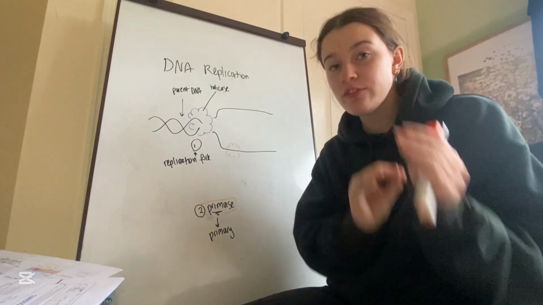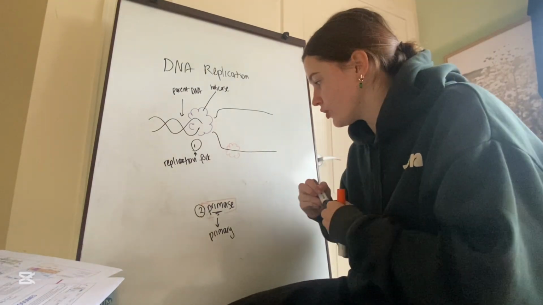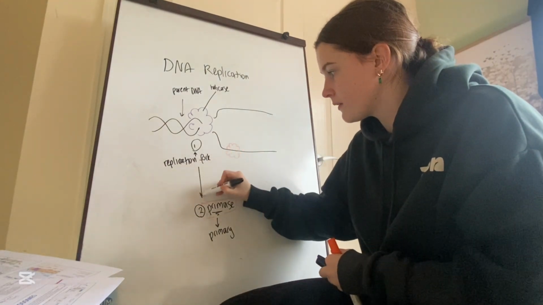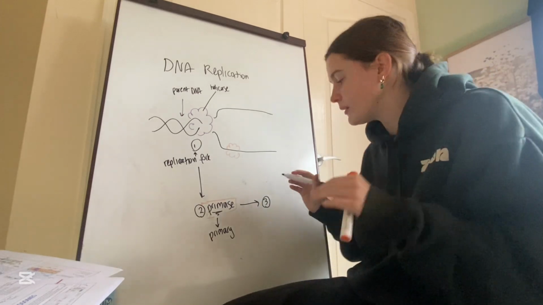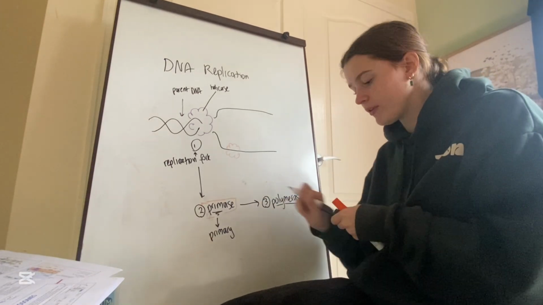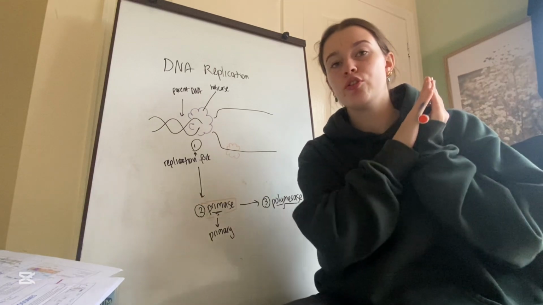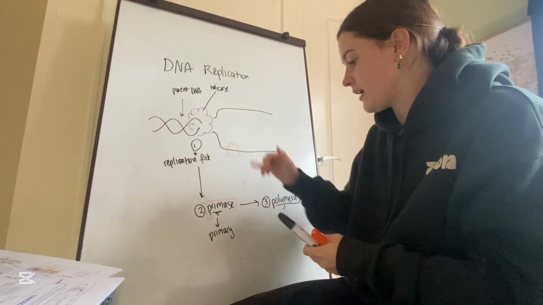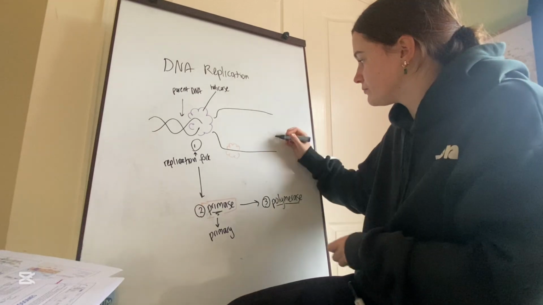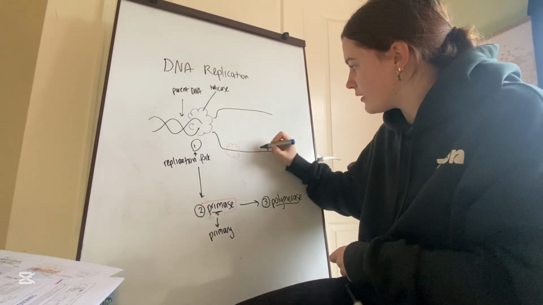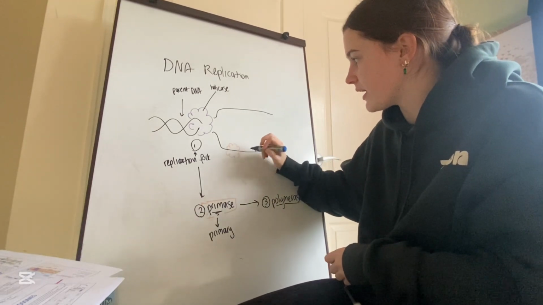Then a different enzyme. So we've got step 1, step 2, and step 3 is a polymerase. Polymerase then attaches the rest of the DNA. Say we know this is what the code looks like.